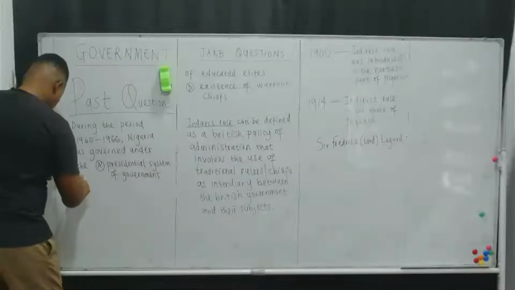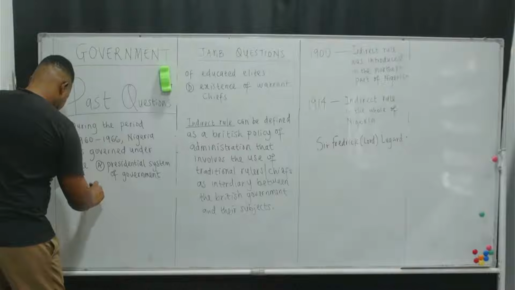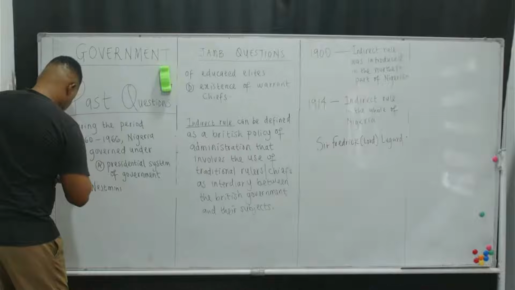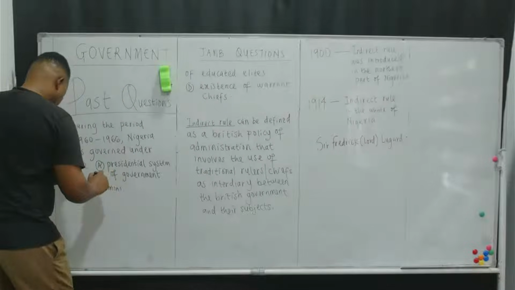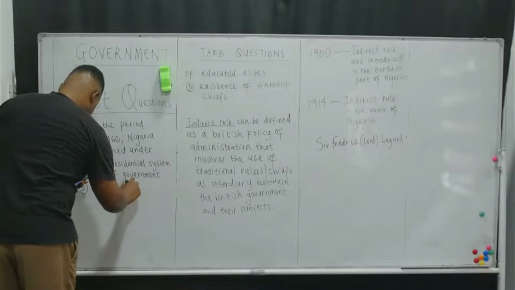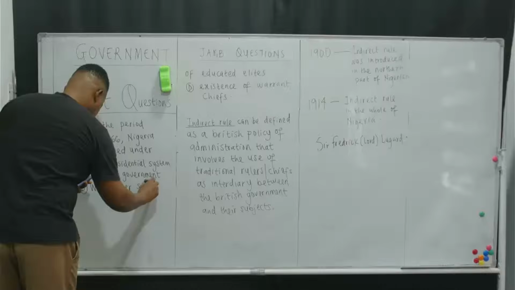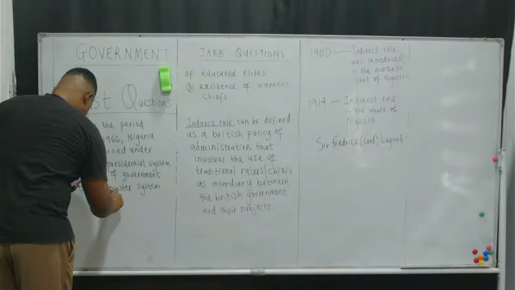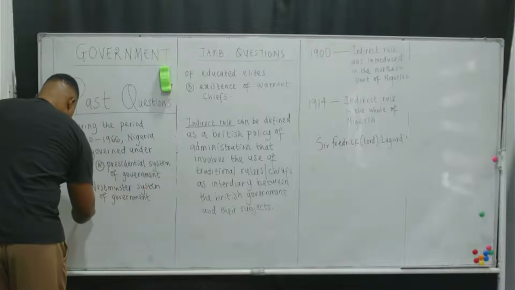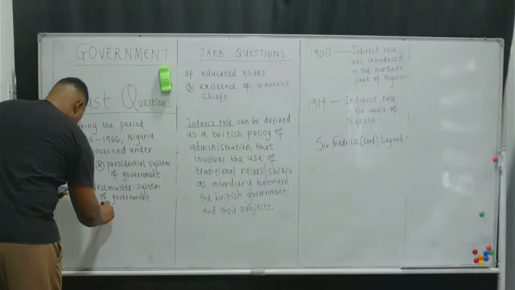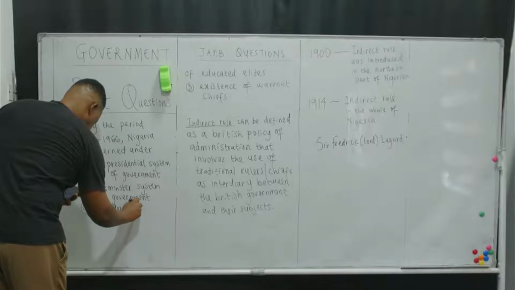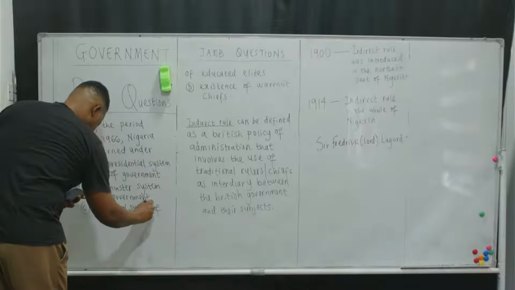B, Westminster system of government. Then we have C, confederal system of government.